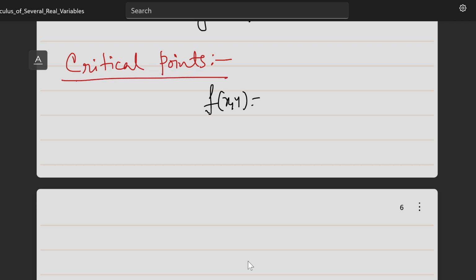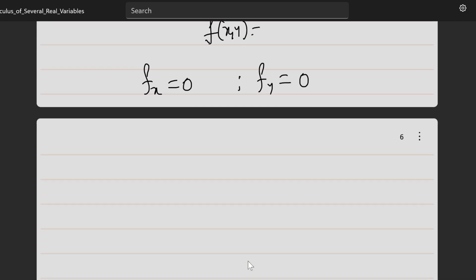Does it have any relation with maxima, minima? Yes, we check maxima, minima, or saddle point at the critical points. So fx equal to 0 and fy equal to 0, you have to find. For critical points, you have to find these two things, and from that you find the points x comma y.